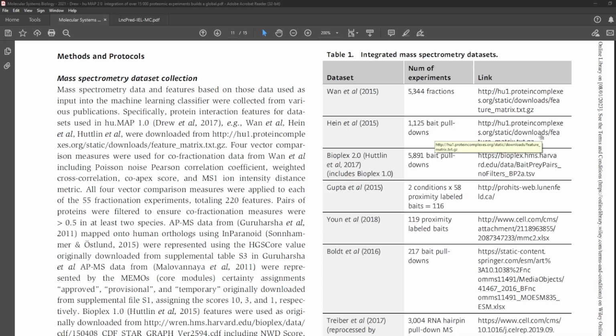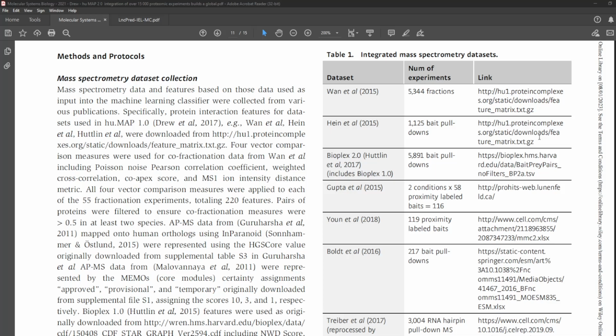Treiber et al., 2017, reprocessed by Malinovska et al., 2019, 3004 RNA hairpin pull-down MS runs.